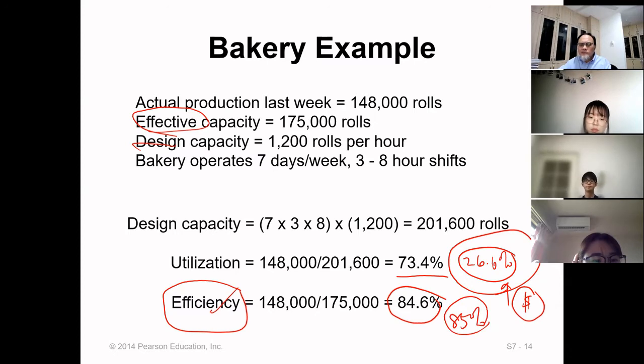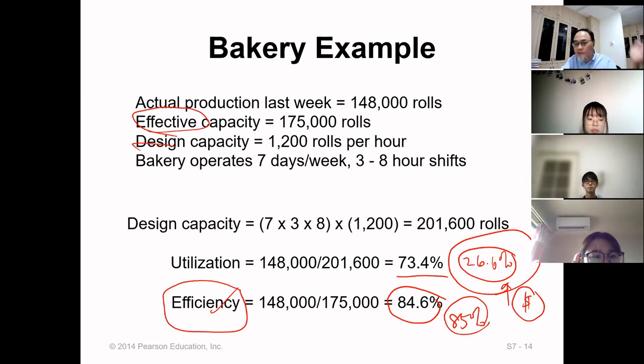Any questions? I think, never mind. After this, I will give you one small exercise to try so that you can understand the concept better. So this is the basic calculation of utilization and efficiency related to capacity.